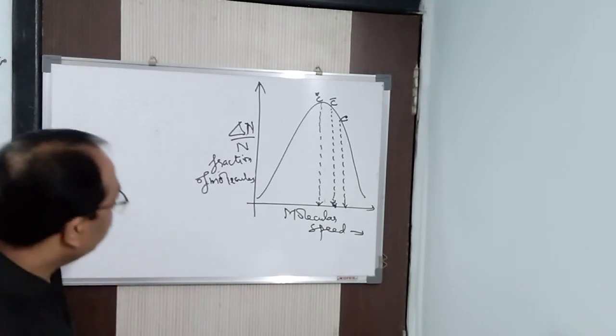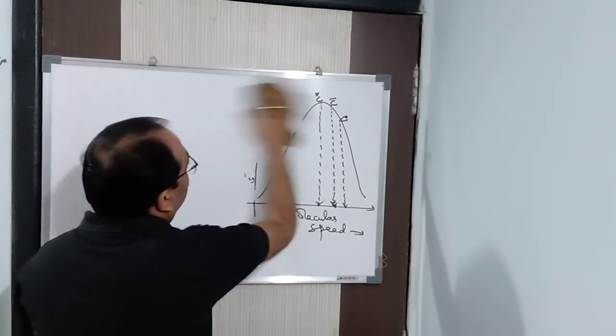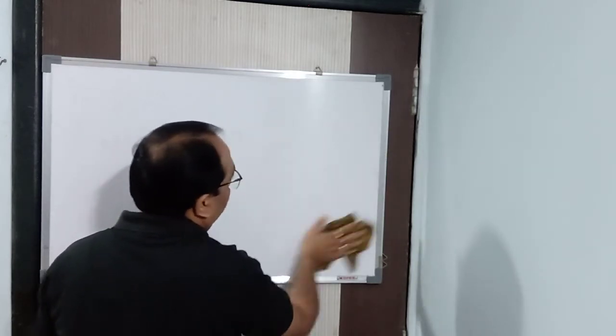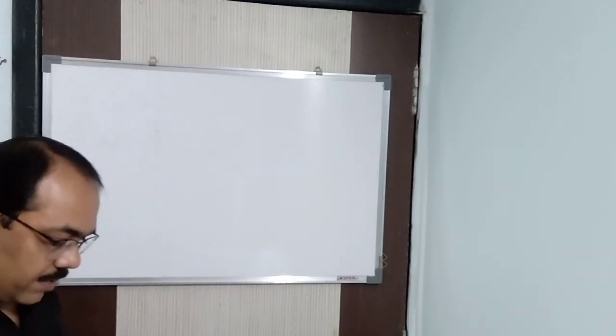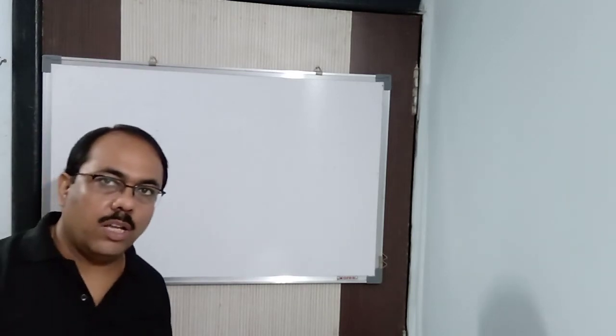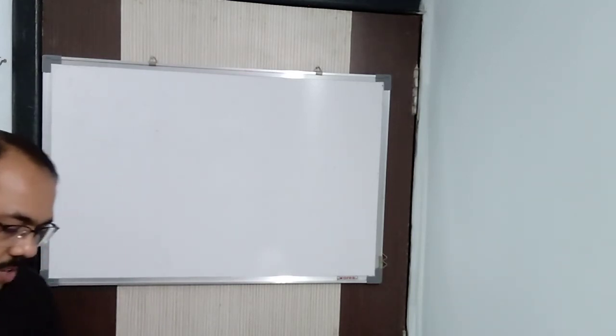Now we'll come to the effect of the nature of the gas on the most probable speed. It is seen that lighter gases, with a lower molecular mass, will have a higher value of most probable speed.